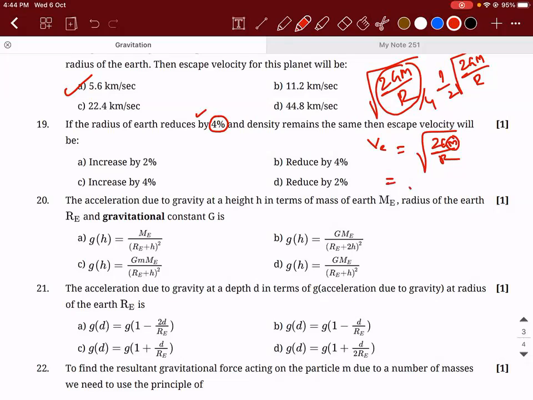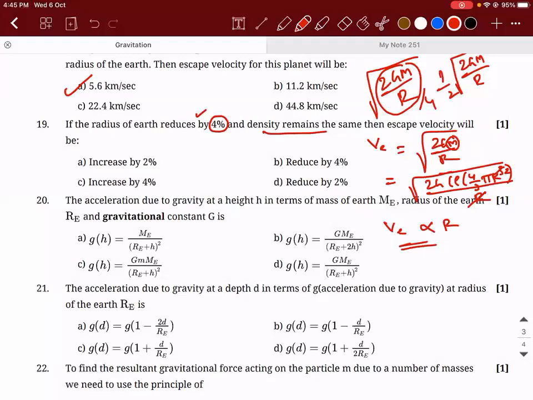Okay. So root of 2G into rho into volume, which is 4/3 pi R cube, divided by R. It will be directly proportional to the square root of density. The density remains the same. So escape velocity will be, can I say, directly proportional to R?